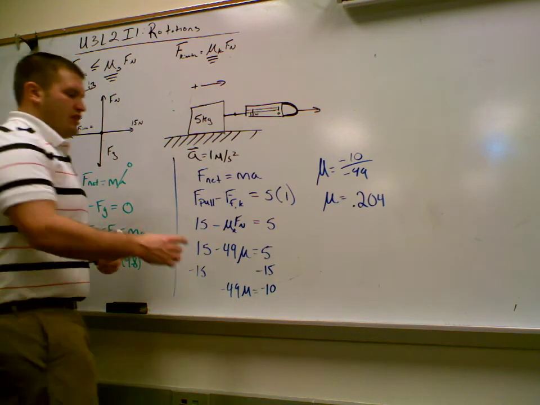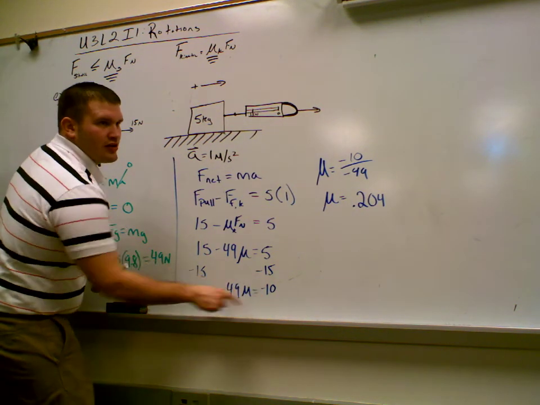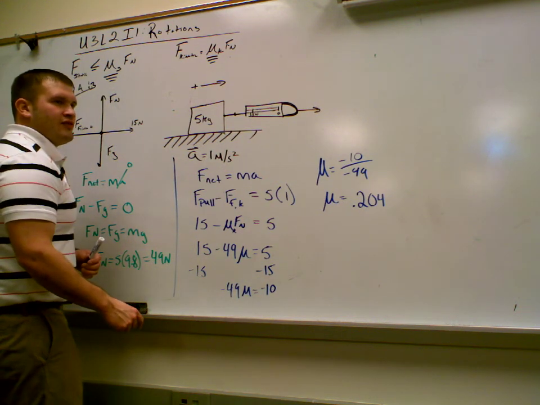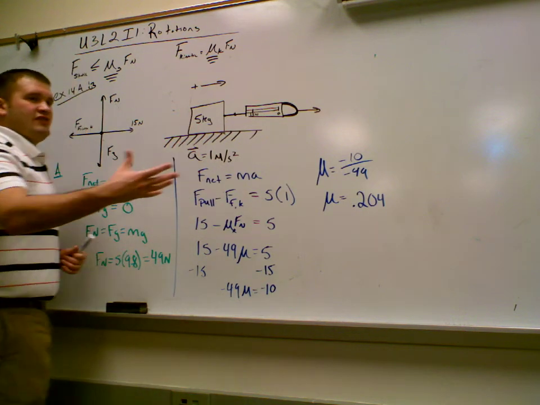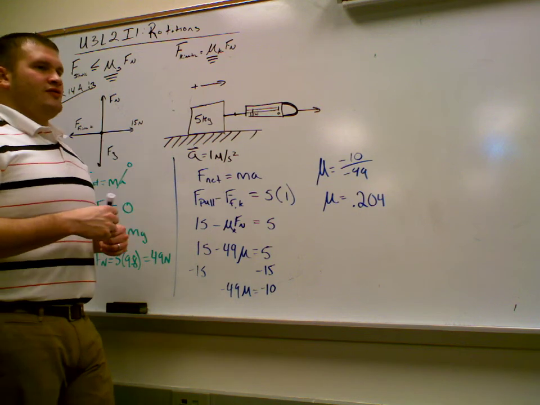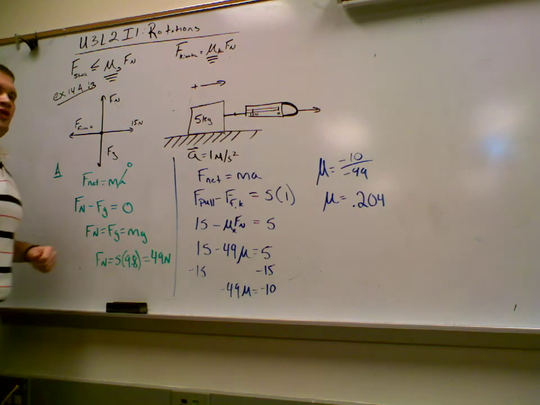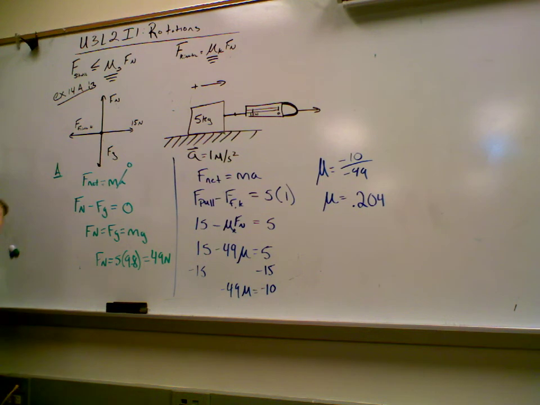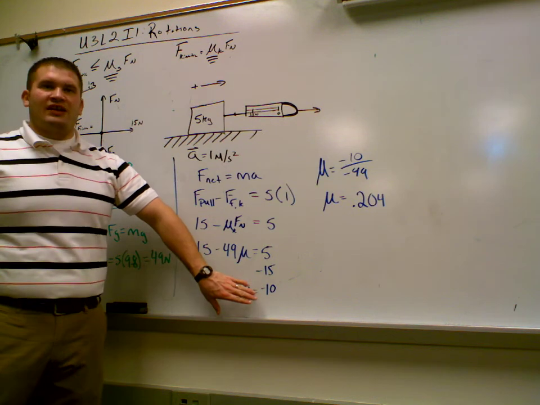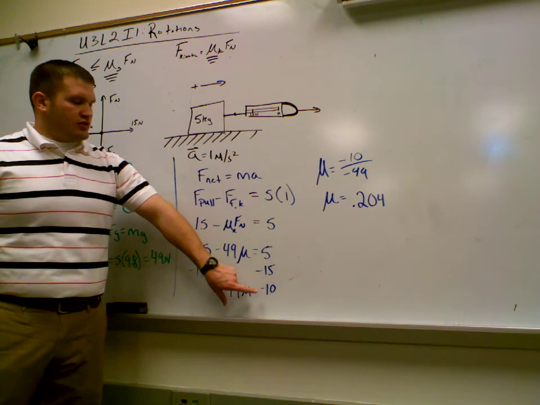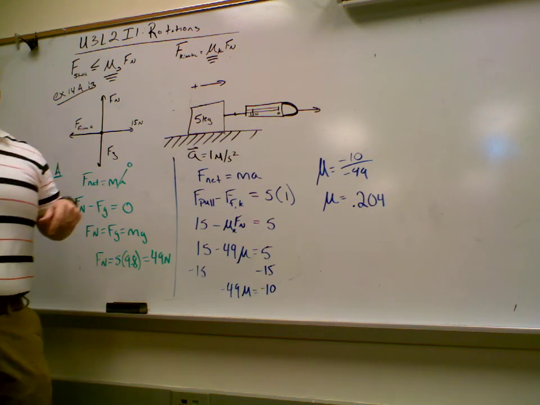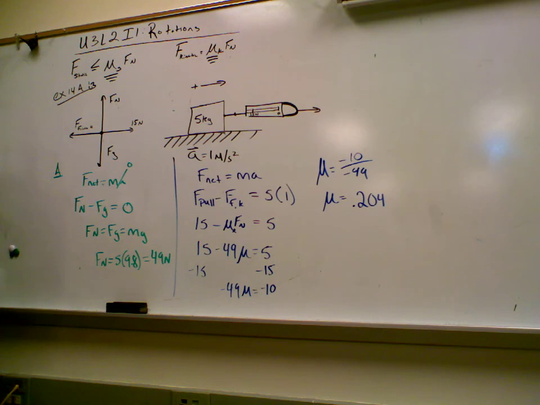I didn't put in the 49 because I didn't change the rule. Okay, that's fine. Then what are we going to do next? Use this to find mu. That's fine too. So guys, what Kim is saying is she kept force friction the whole way, found it as negative 10, and now she's going to plug the negative 10 in here and solve for mu k. That's another way to do it.